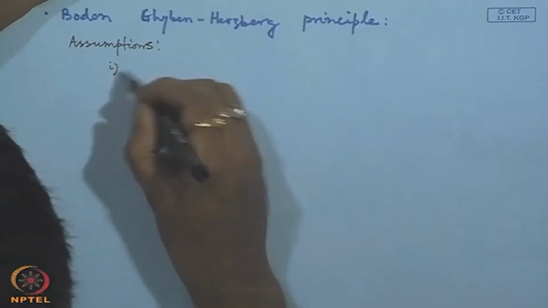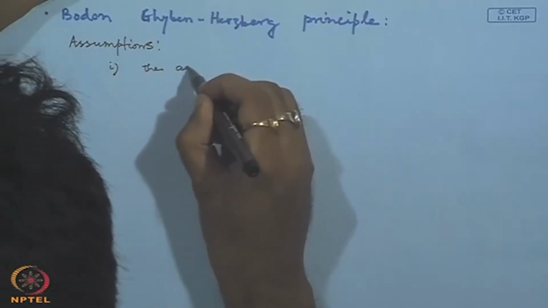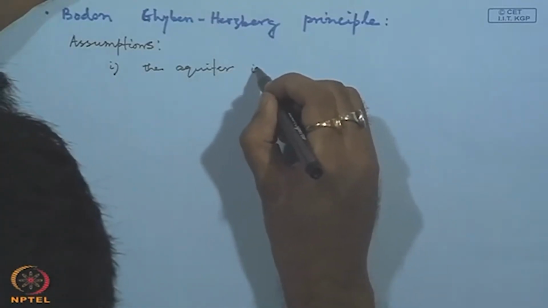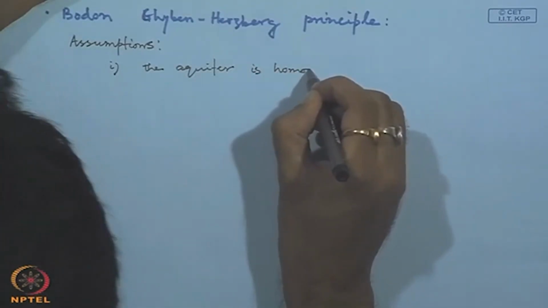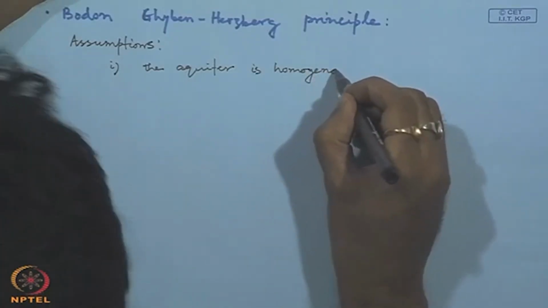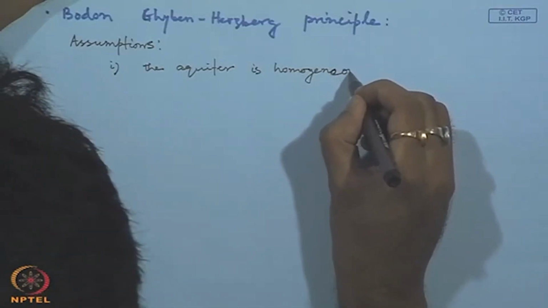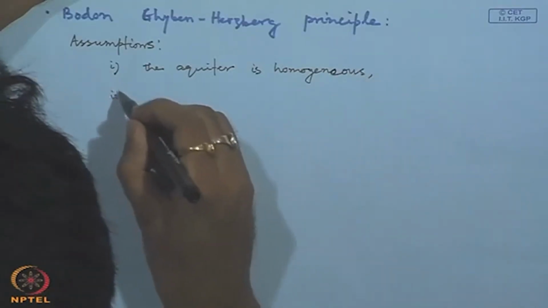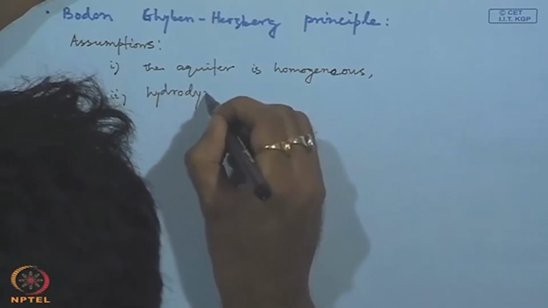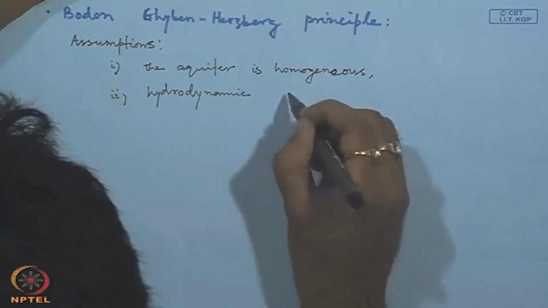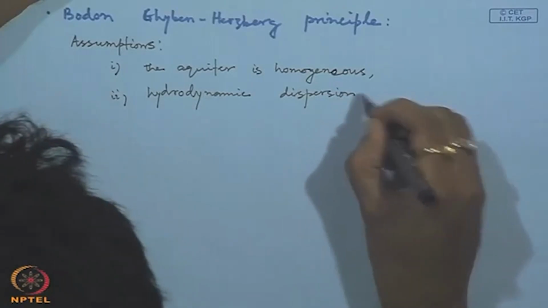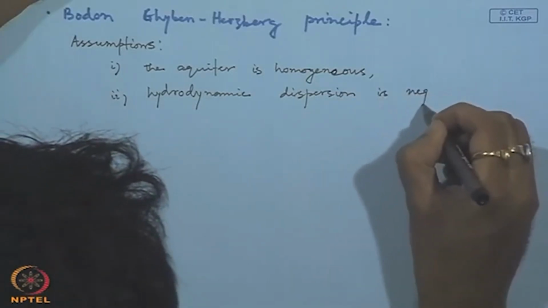First one is that the aquifer is homogeneous. Next one is hydrodynamic dispersion is negligible.